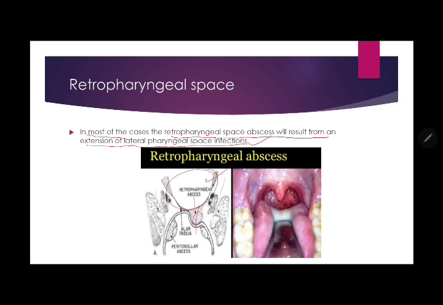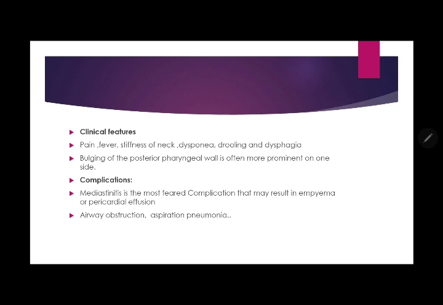So this is a retropharyngeal abscess. Then coming to the clinical features, retropharyngeal space infection presents with pain, fever, stiffness of neck, dyspnea, drooling, and dysphagia.